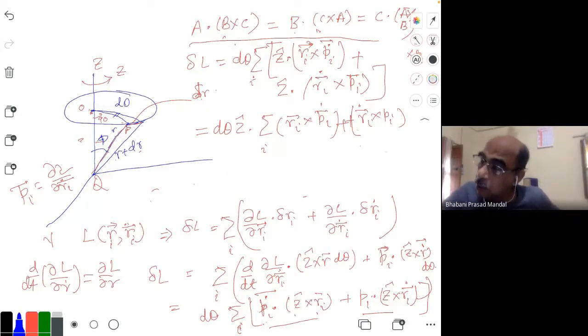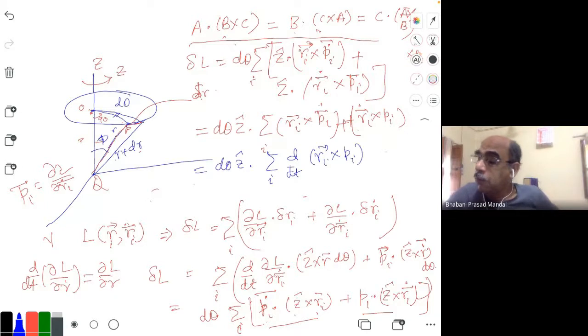So this will be equal to d theta z dot. Now look at this, pi dot ri, ri dot pi dot. So this I can write as sum over i d/dt of ri cross pi, right? If you have a product rule of differentiation, when this is differentiated, this will be unchanged, and when this is differentiated, this will be unchanged.